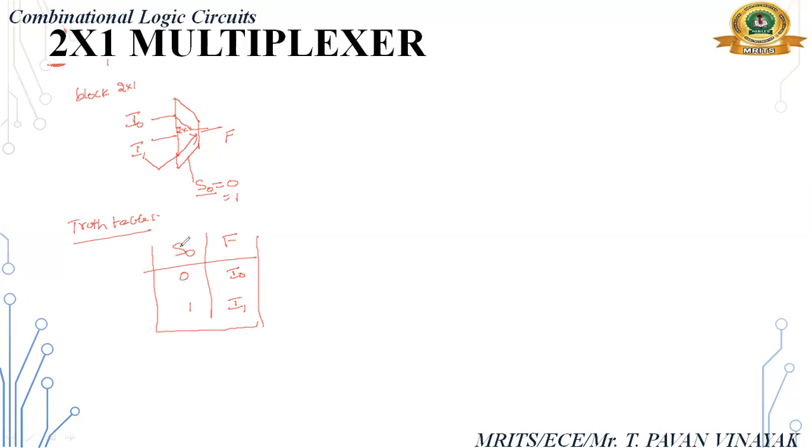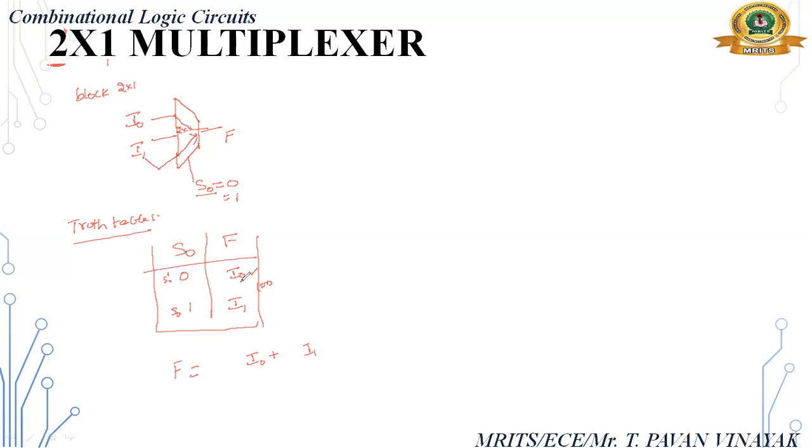Okay. S naught means what? 0 means what? S naught bar. 1 means S naught. Right? Now F is equal to what? Either I naught or I1. Right? I naught or symbol means we write plus or I1.